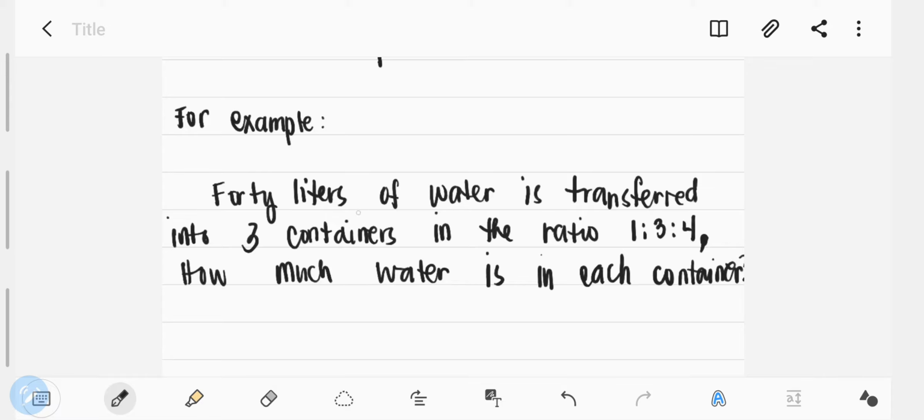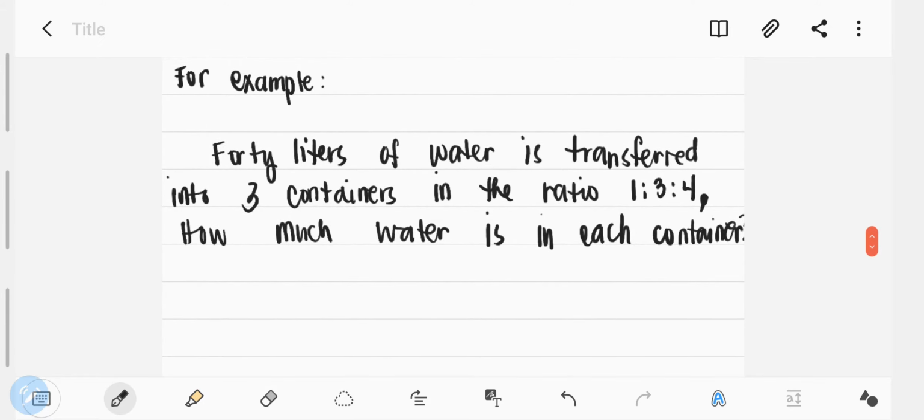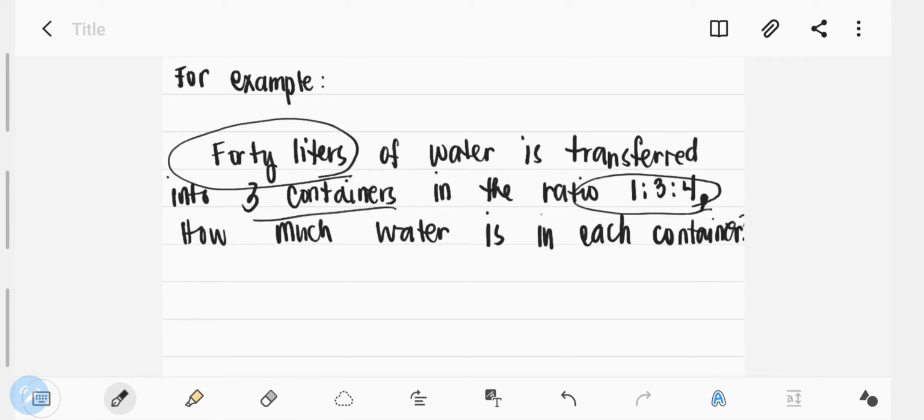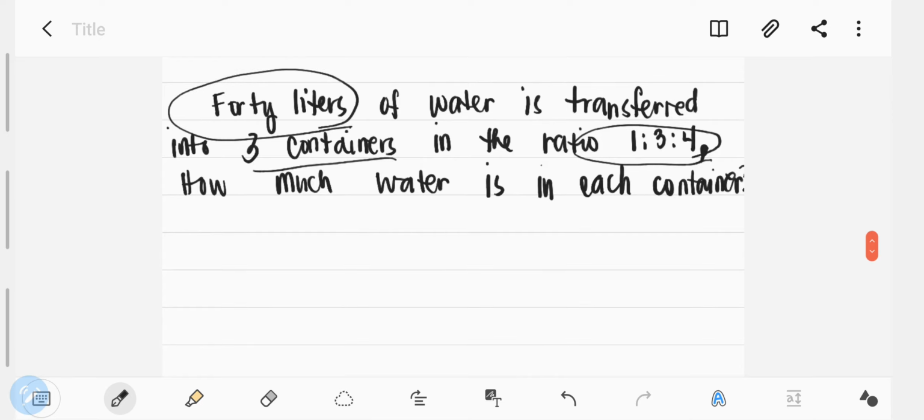So, 40 liters of water is transferred into 3 containers, and the ratio is 1:3:4. How much water is in each container? Right? I said we have a total. How many containers? 3. In the ratio of 1:3:4. This is super easy.